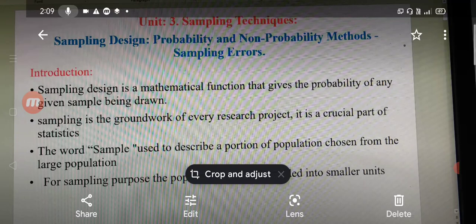the COVID impact on students' life, we should not interview all the students. Based on the sampling, the respondents are divided into units.